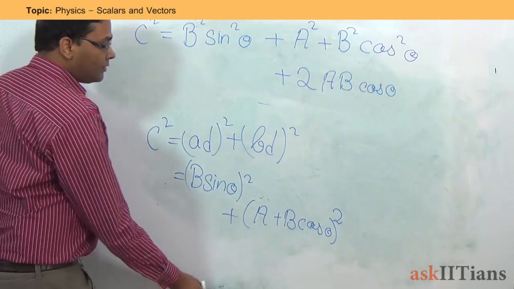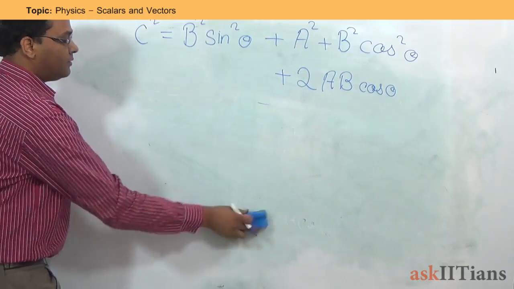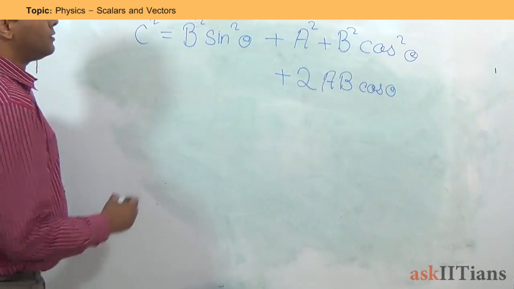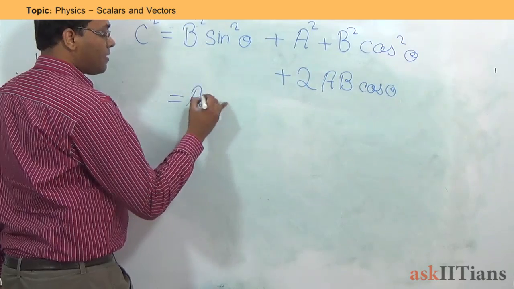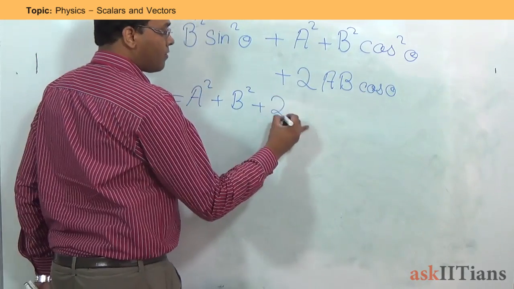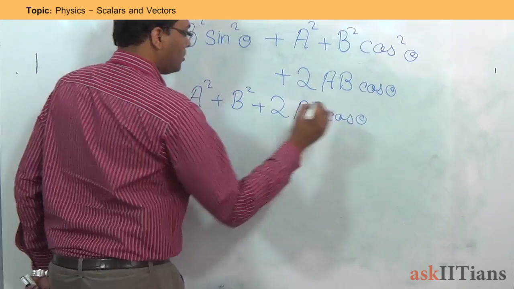Therefore, if I expand and simplify this further, we'll get A square plus B square plus twice AB cos theta.